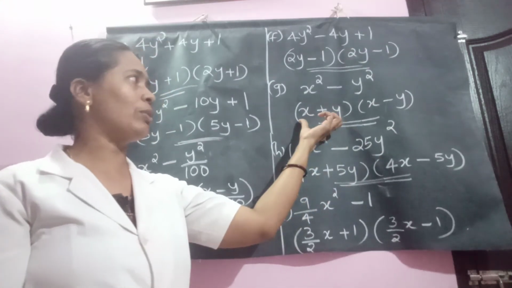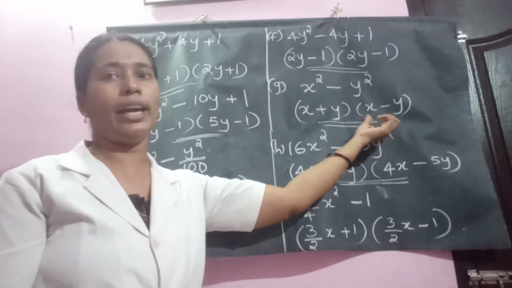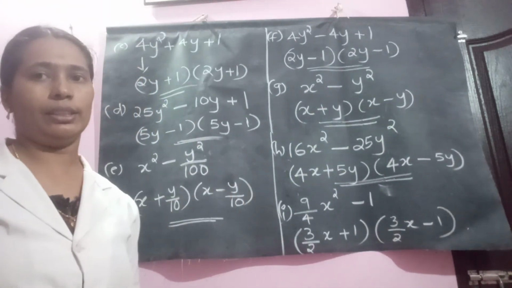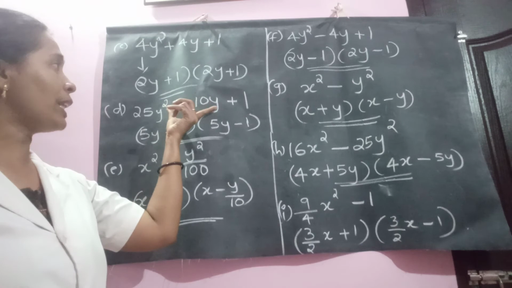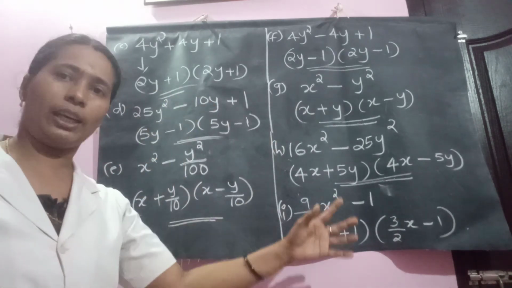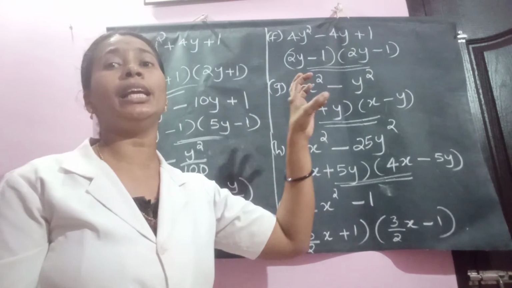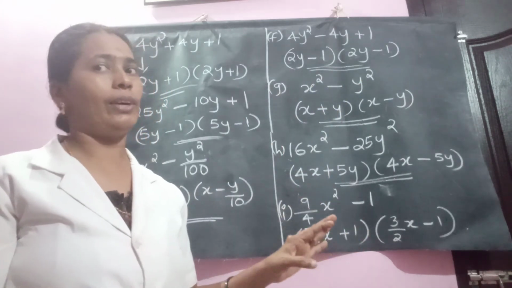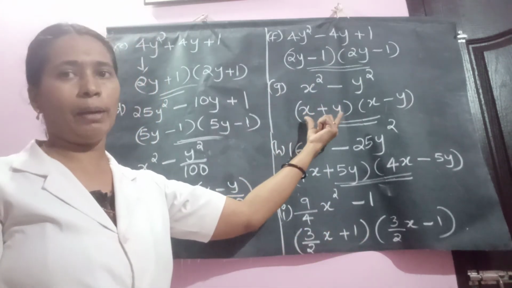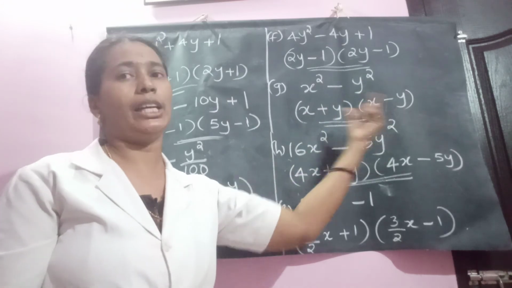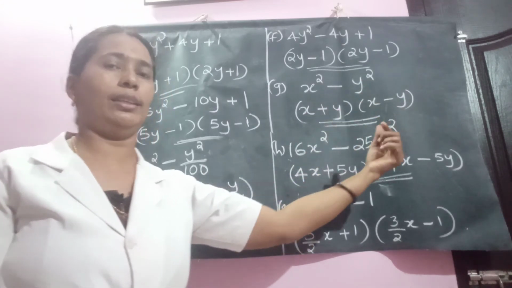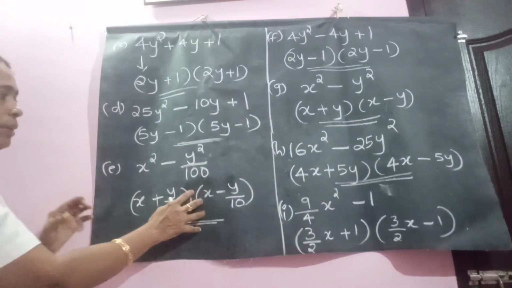So, x plus y and x minus y are the factors. Okay, if they are perfect squares, we can repeat the terms. But here, they are perfect squares, but middle term is missing. That's why we have written 1 term plus and 1 term minus, conjugates to each other.